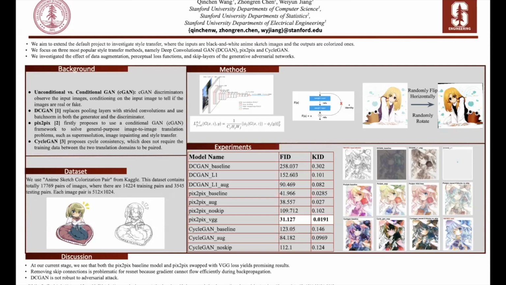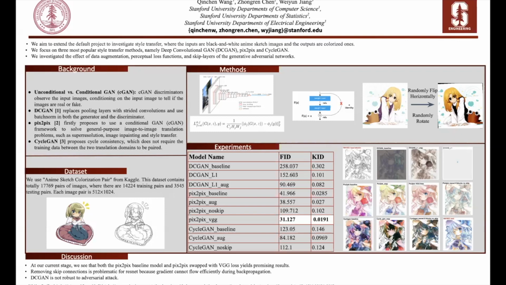On first row, second column, we see DCGAN baseline followed by DCGAN L1 augmentation and DCGAN L1. As you can already see, DCGAN is not very robust to various forms of inputs. For example, this is just one random input image that we chose, and DCGAN already outputted something that doesn't make any sense with only one loss.